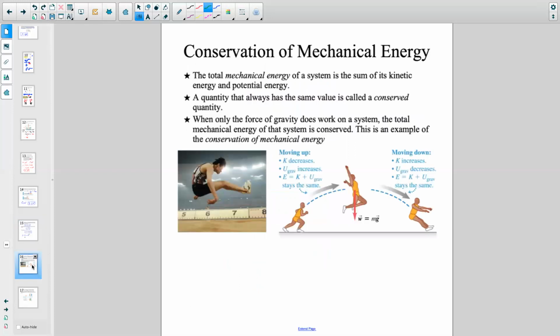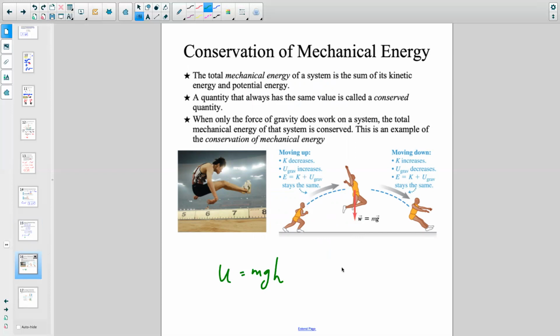If you're looking at this, I have a person here, and he is jumping up. In other words, he is gaining potential energy because he's going up. Remember, the potential energy was mgh. This h is increasing, so he's gaining some potential energy.